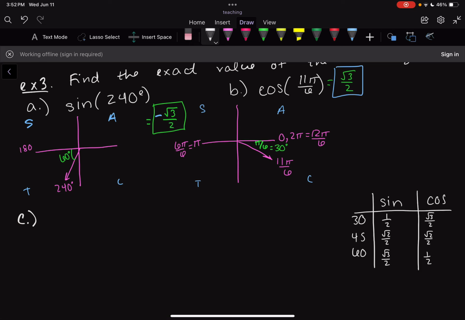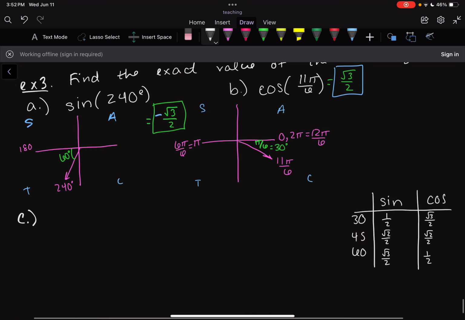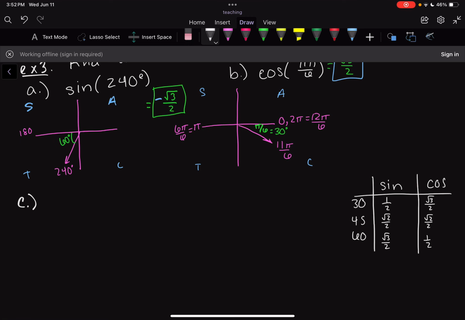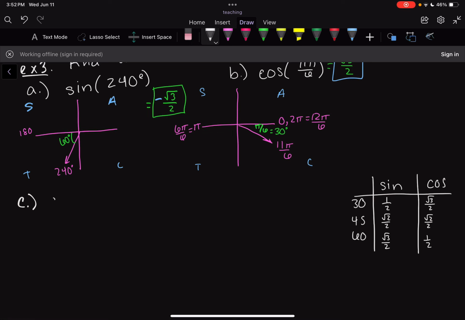So part C, let's see, for those angles up here, what did I do? 690 and negative 5 pi over 4. Let's do a cotangent, because why not, of 690.